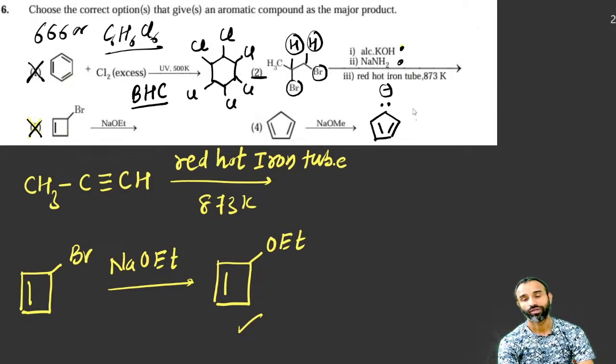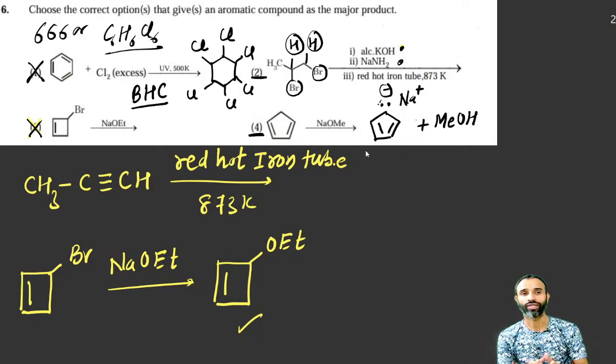Obviously this will be formed, and we have this one as aromatic as well. So 2 plus 2 plus 2, 6 pi electrons, and this is the aromatic ring. So the correct options which give the aromatic compound as the major product are 2 and 4.